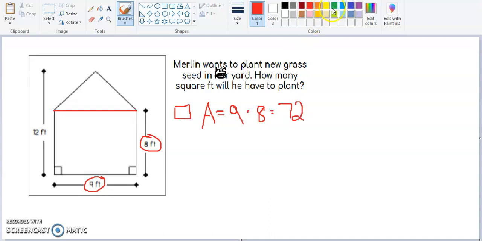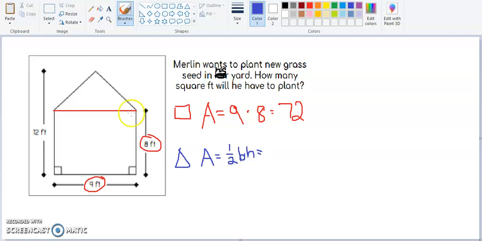And then we're on to our triangle. So our triangle, the area equals 1/2 times base times height.